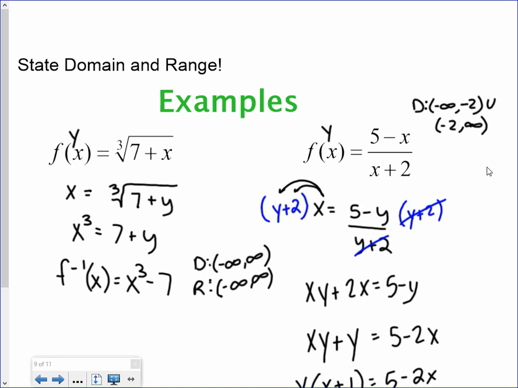Now range. Those reciprocal functions, if you look back at your pink sheet, have a vertical asymptote and a horizontal asymptote. In this chapter, finding the horizontal asymptote, we'll always have numerators and denominators with the same degree, the highest exponent. If they have the same degree, your horizontal asymptote is the ratio of the leading coefficients.